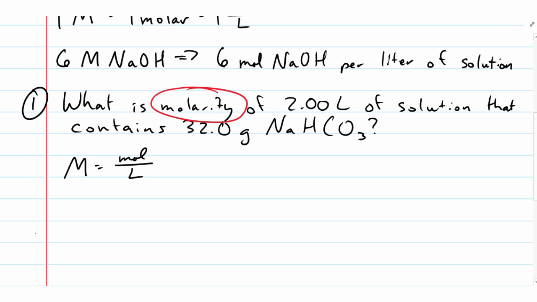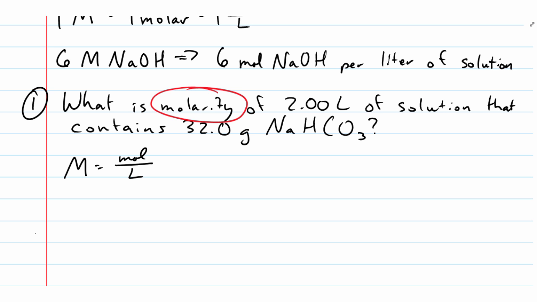And then as we read through the information in this problem, we try to see, do we have the number of moles in here? We don't. But what do we have that could easily be converted to moles? We have grams, right. So we can easily convert grams to moles. Do we have the number of liters in here? Yes, we do.